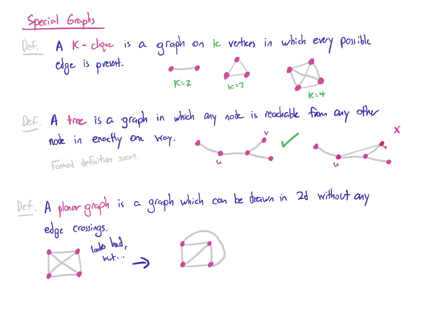And so this graph is indeed planar, even though it didn't look like it at first. On the other hand, it's a mathematical theorem that this graph, so this is the 5-clique, unfortunately cannot be redrawn. It's possible to prove this, and so this graph is not an example of a planar graph. There's no way to redraw it that would make it work.